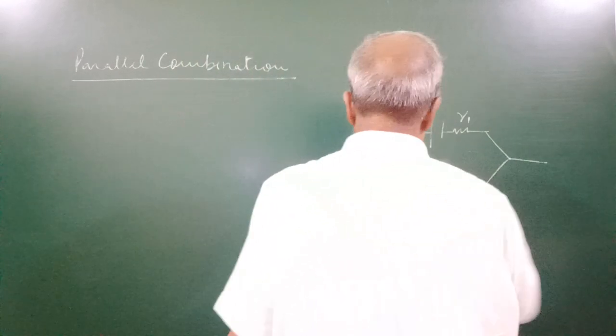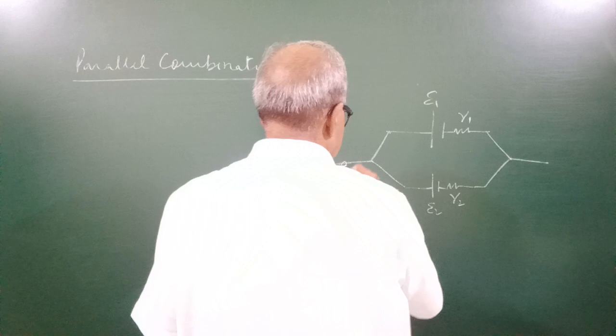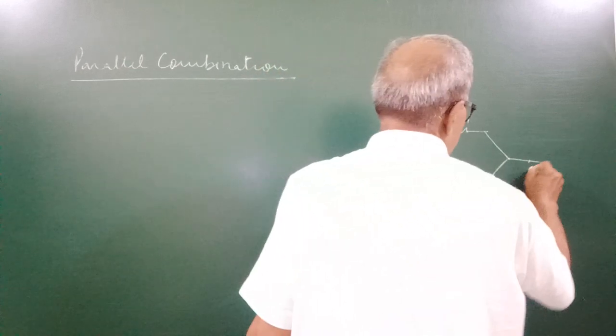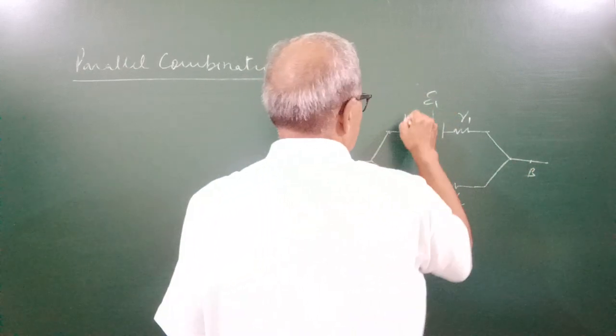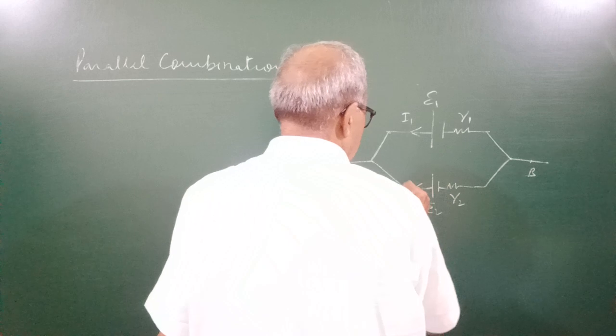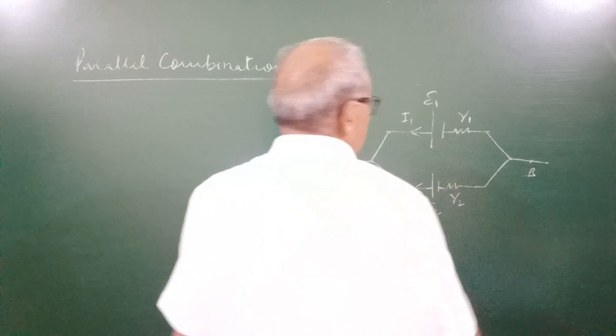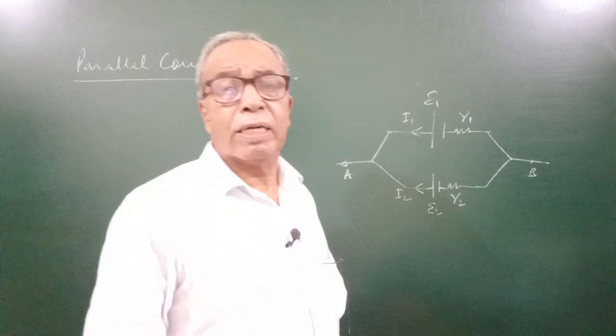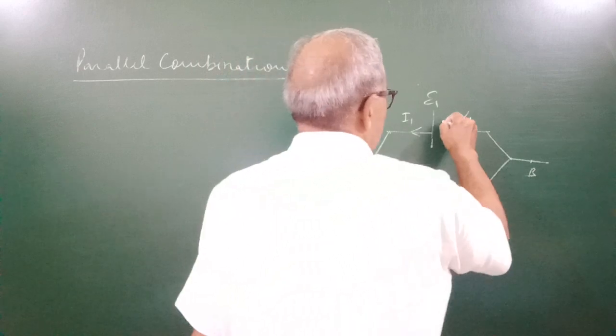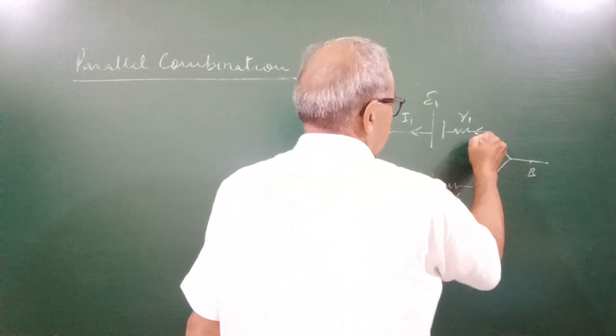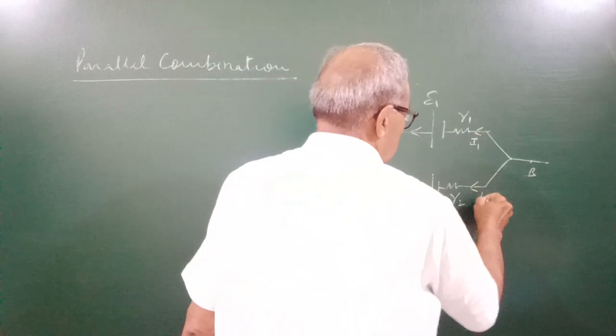Points A and B. I1 is the current given by this cell, I2 by this. As much current is given, the same enters the cell at the other terminal. I1 here, I2 here.